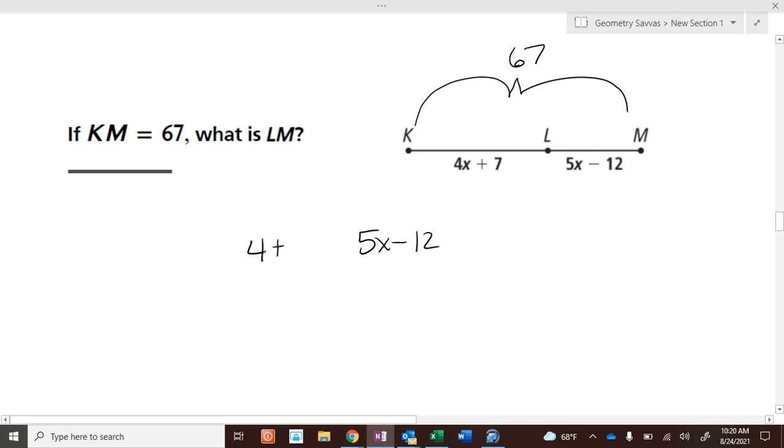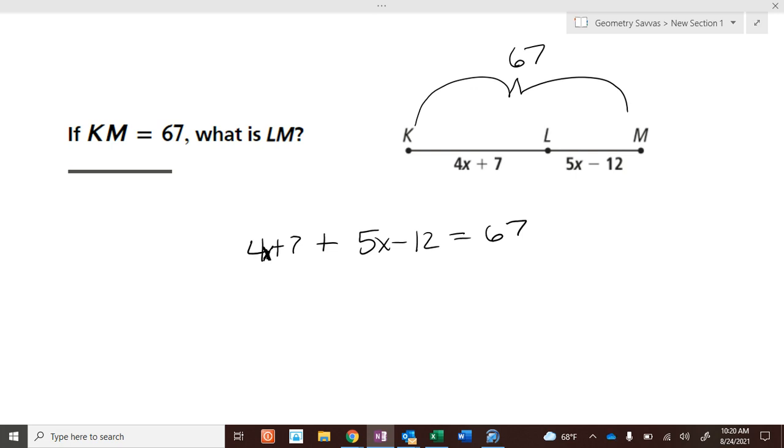So if we take the 4x plus 7 and add on to the 5x minus 12, we can set it equal to 67. All right. All right, we got to go back to Algebra 1 again last year. Okay. At this point of the equation, we need to combine like terms.